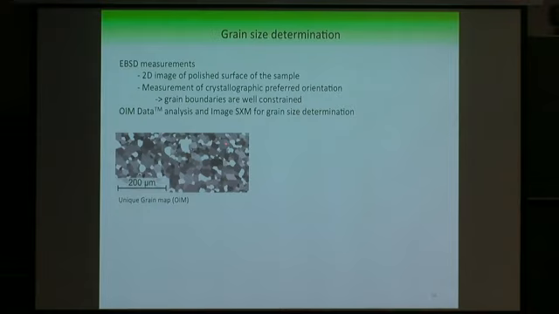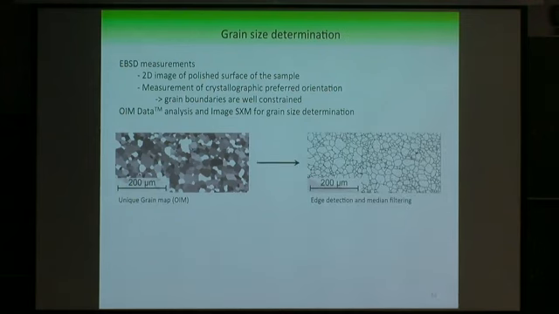So I acquired a unique grain map. It doesn't show here, but this is normally full of different colors, where each unique grain has a different color. This map was then segmented with ImageSXM, where I used an edge detection and median filtering technique.